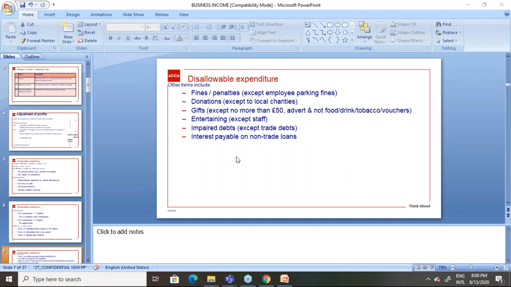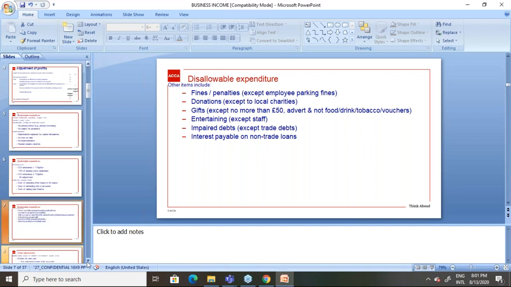If you have written off a bad debt with regard to trade, then it's an allowable expenditure. But if you have written off a non-trade debt, then it's not an allowable expenditure. Then interest payable: if you have obtained a loan for the purpose of trading, that interest is allowable. But if you have obtained the loan for non-trading purposes to buy some kind of an investment asset, then it is not an allowable expenditure.